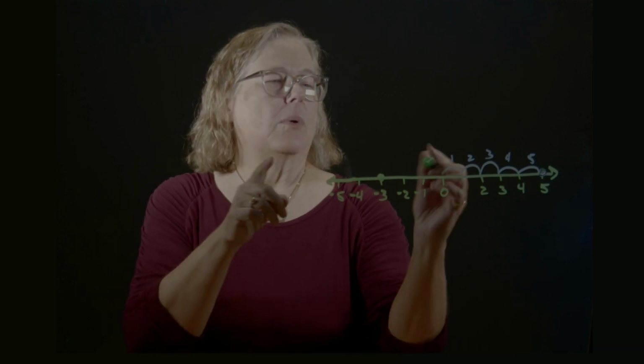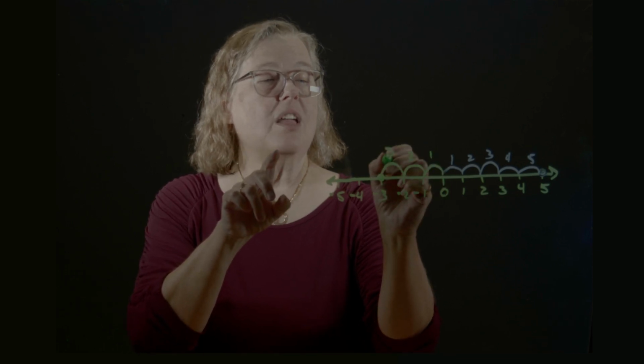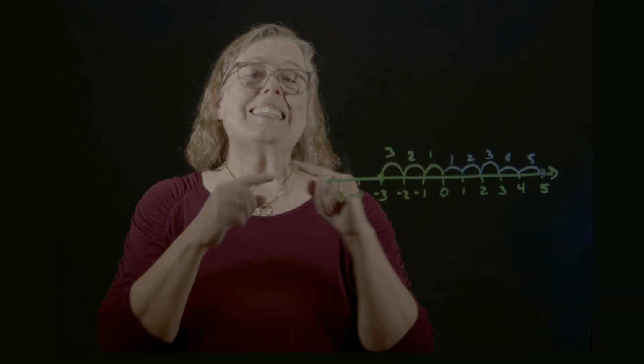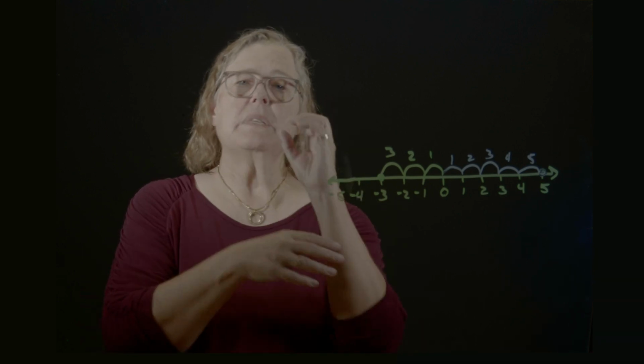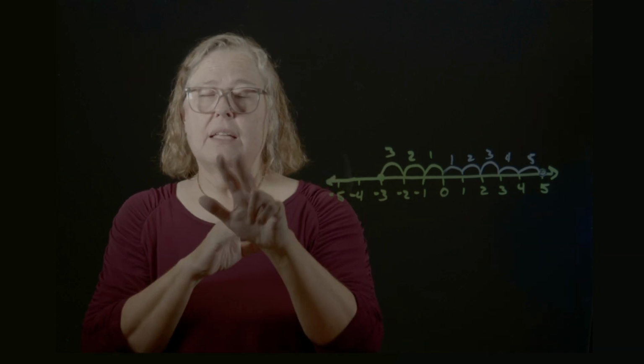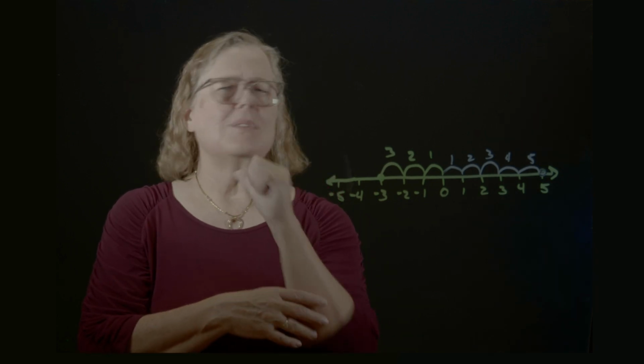Yeah, you got it. 1, 2, 3. All right, good. That is the distance. It's 3 units. So how far is it from 0? If it's -3, it is 3 units.